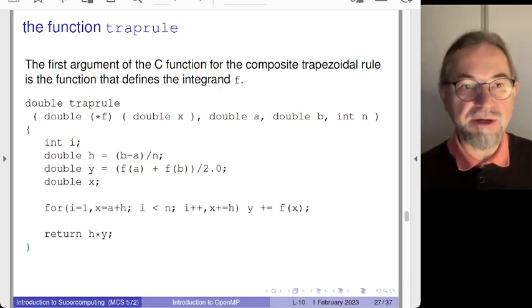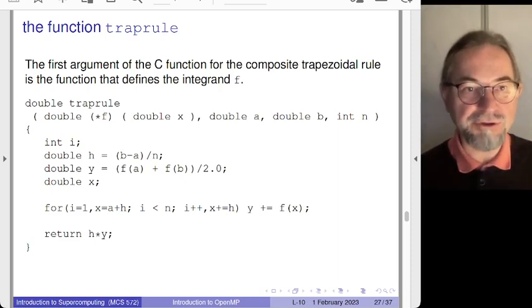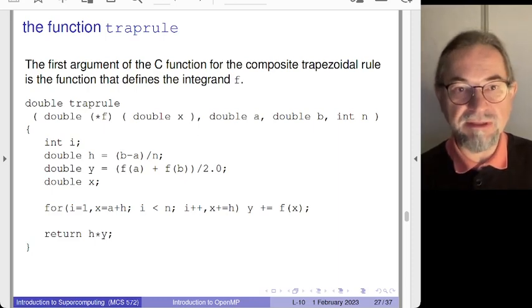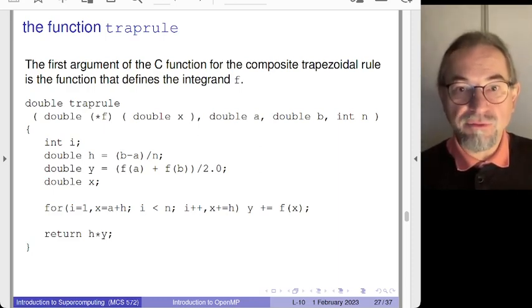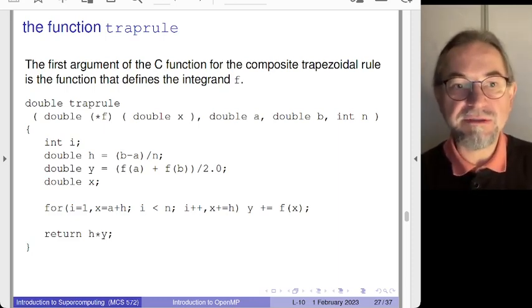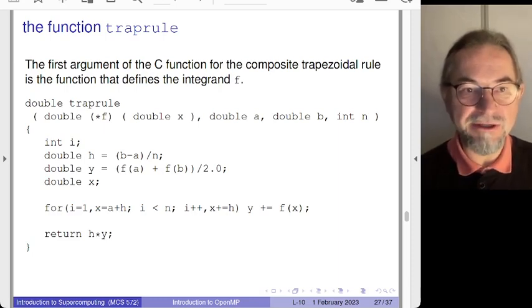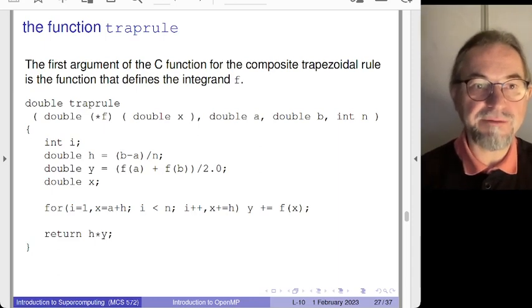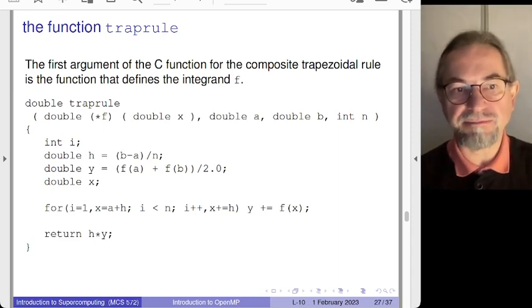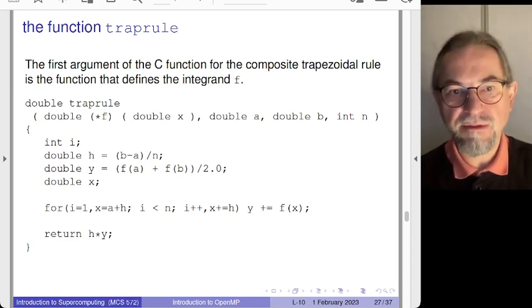So here, when I pass the function, I have to explicitly declare that this function takes in a double on input and it returns a double. So the A and the B are also doubles, and the number of function evaluations, or the number of subintervals here, is an integer. So inside the function, I also have to declare the type of everything.